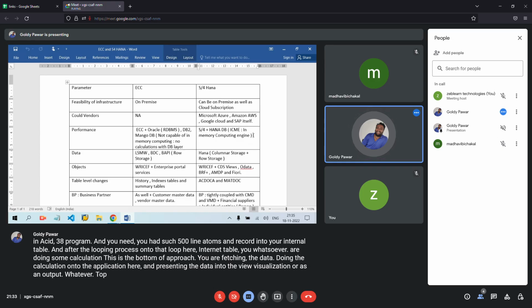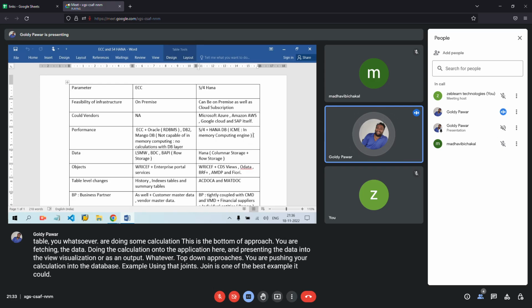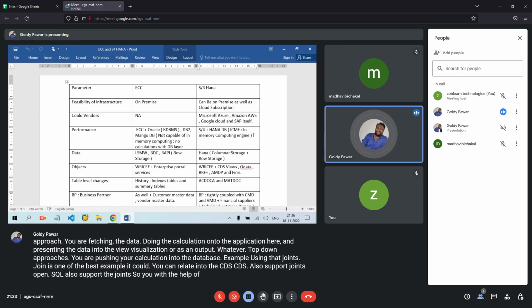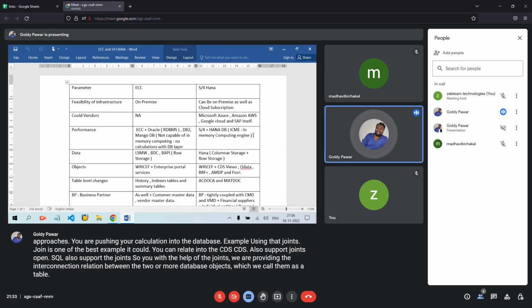The top-down approach is you are pushing your calculation into the database. For example, using joins. Join is one of the best examples. You can relate it to the CDS. CDS also supports joins. Open SQL also supports joins. So with the help of joins, we are providing the interconnection relation between two or more database objects, which we call tables.